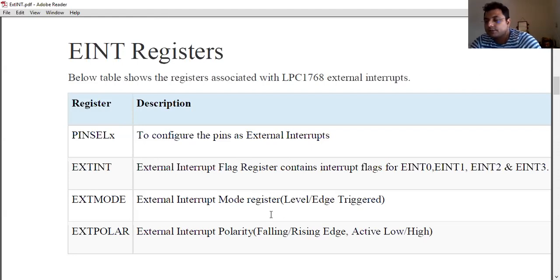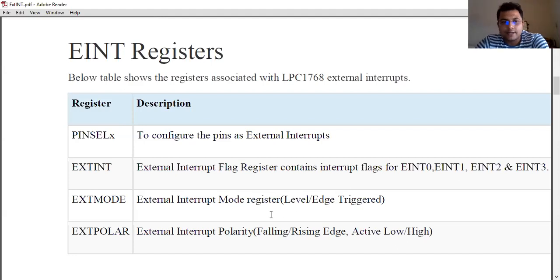So suppose the external switch is connected to pin number 2.10. When you press it, you are generating a signal, and that signal goes over that pin. Based on level triggered or edge triggered, the system would consider it as an interrupt.